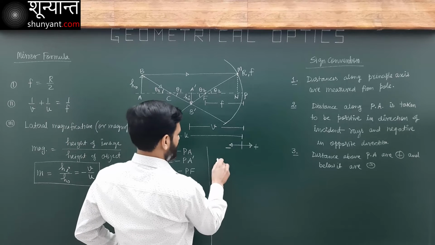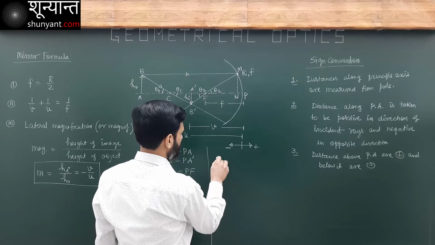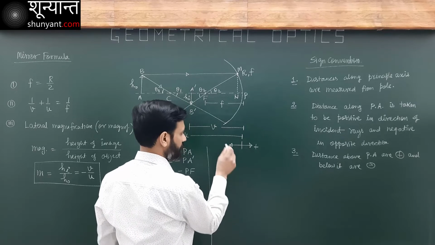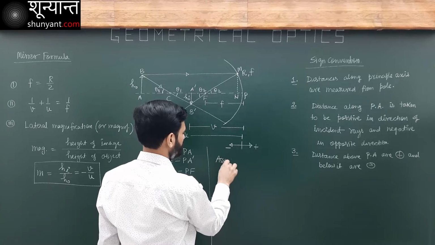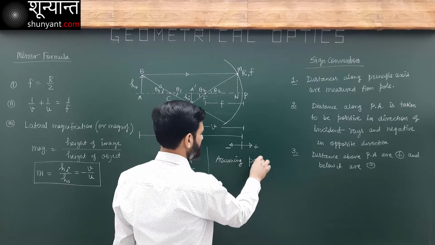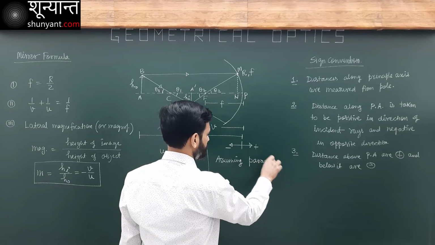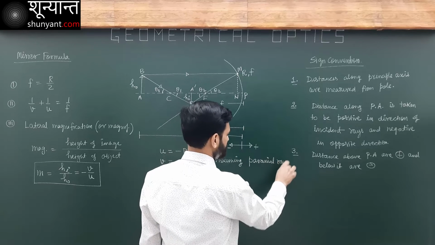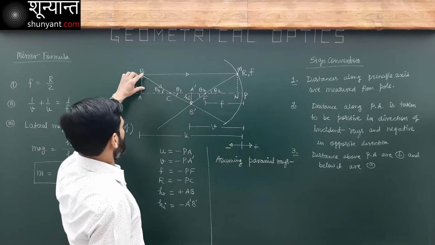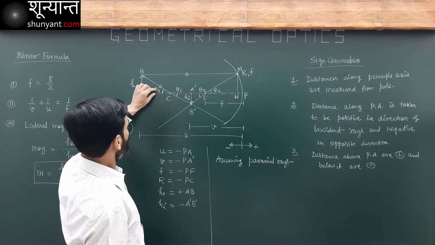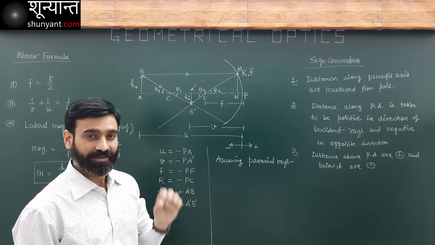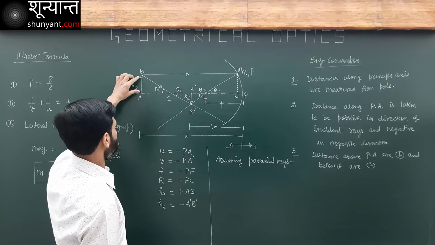Now, for taking or assuming paraxial rays, that means this light ray is very close to the principal axis. That means my object is very short, a very small height, very small length here.